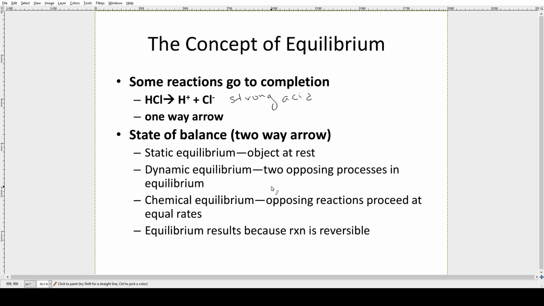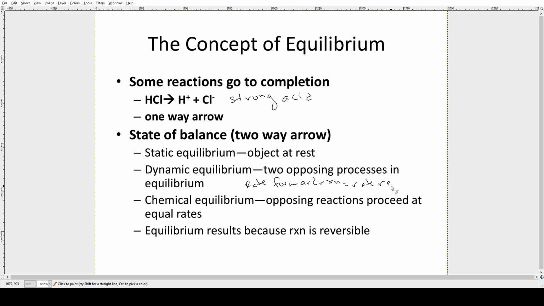Dynamic equilibrium is when there are two opposing processes that are in equilibrium. So we're going to deal with chemical equilibrium, which is a dynamic equilibrium, where the rate of the forward reaction is going to equal the rate of the reverse.